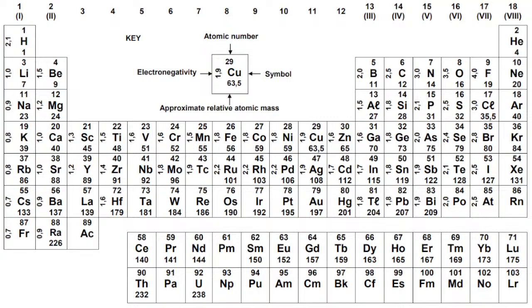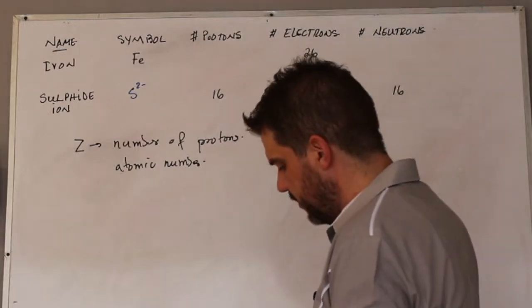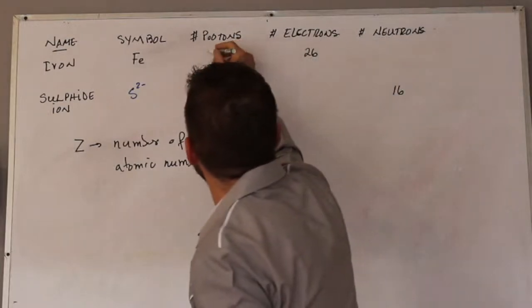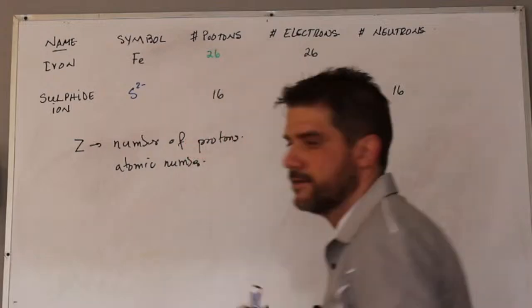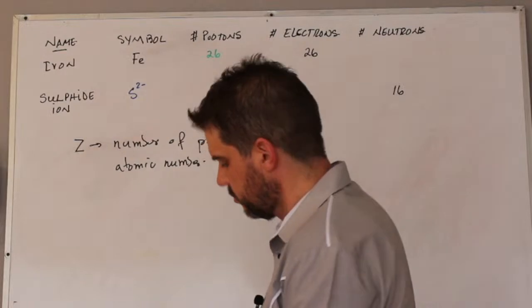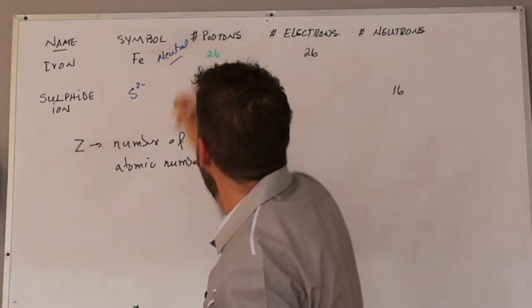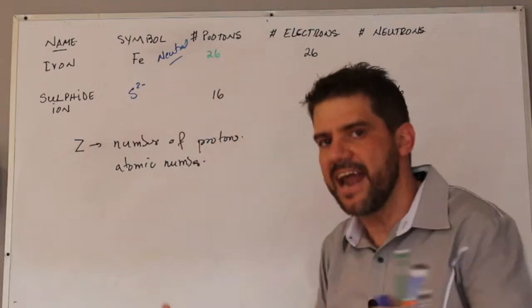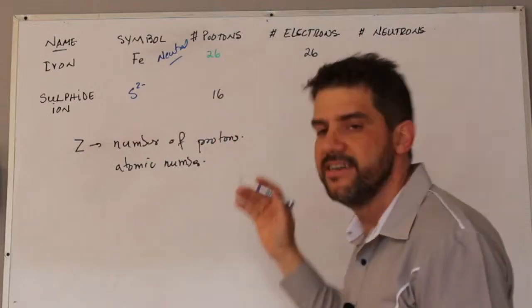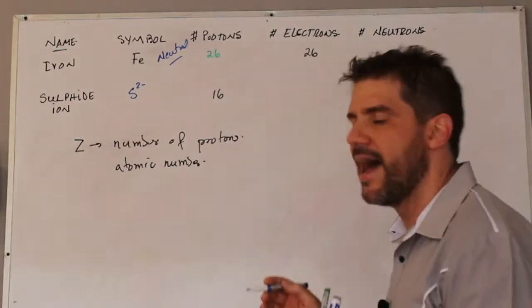So the first one is for iron, and you can see that iron will have 26 protons. So for iron, we have here 26 protons. Iron, as you see it there, is neutral. All those elements, as they are in the periodic table, they are neutral. It means they have the same number of protons and electrons.